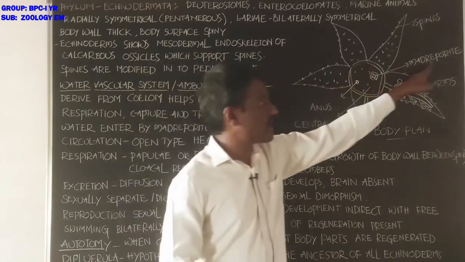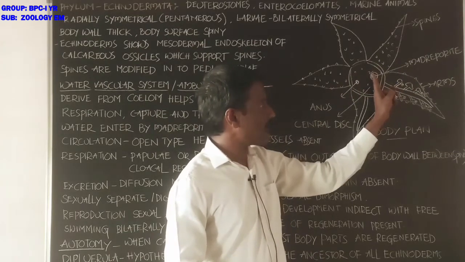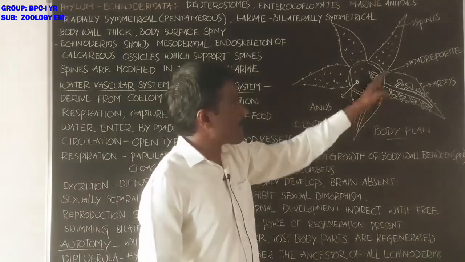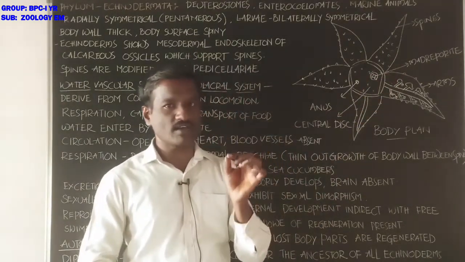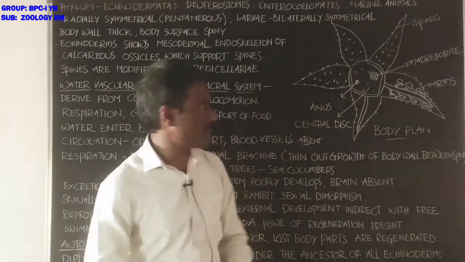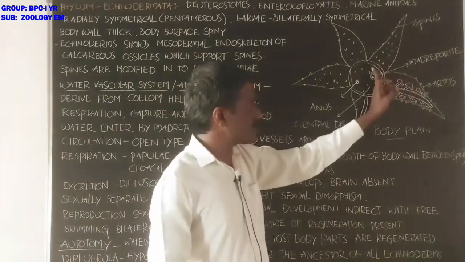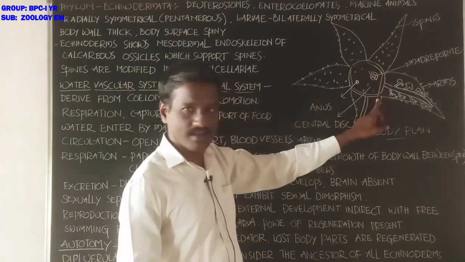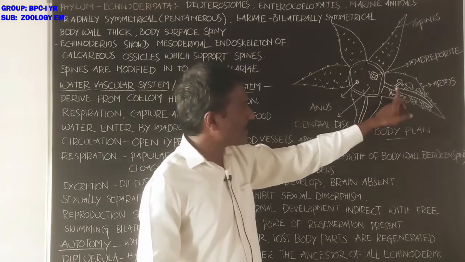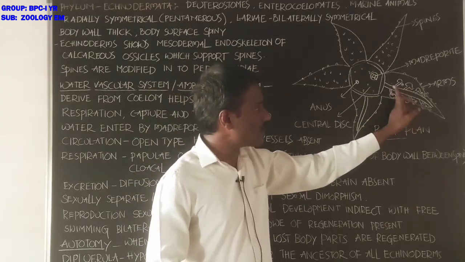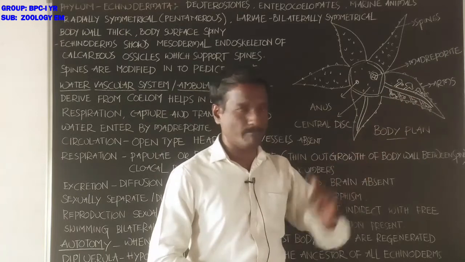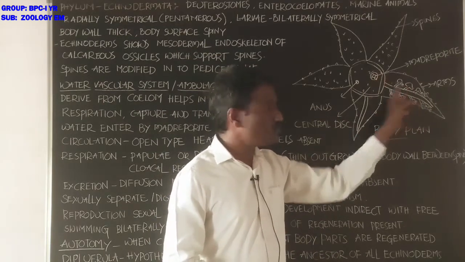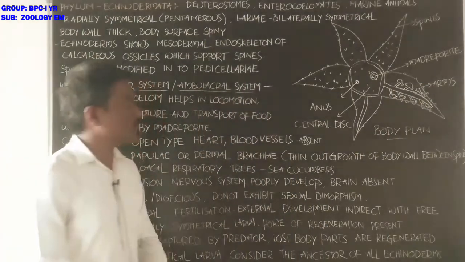Madreporite is the main aperture. Madreporite receives water from the outer environment. The water is transported through the radial canal and also enters the canal of each arm, and water exits to the outside with the help of tube feet.